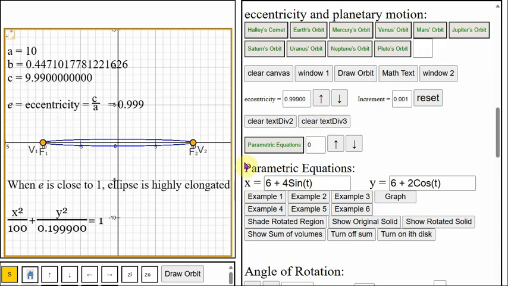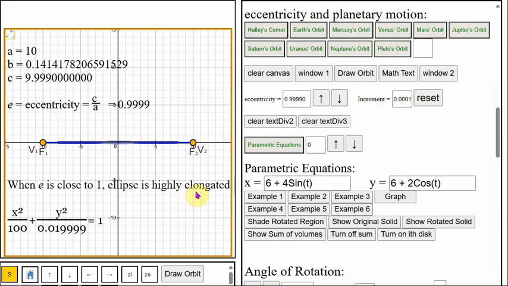The eccentricity is now 0.999, and we can see that the ellipse is very flat, or very elongated. The closer I move the eccentricity to 1, the more elongated the ellipse becomes. And so that's what we're seeing. When e is moving closer and closer to 1, the ellipse will become more and more elongated.